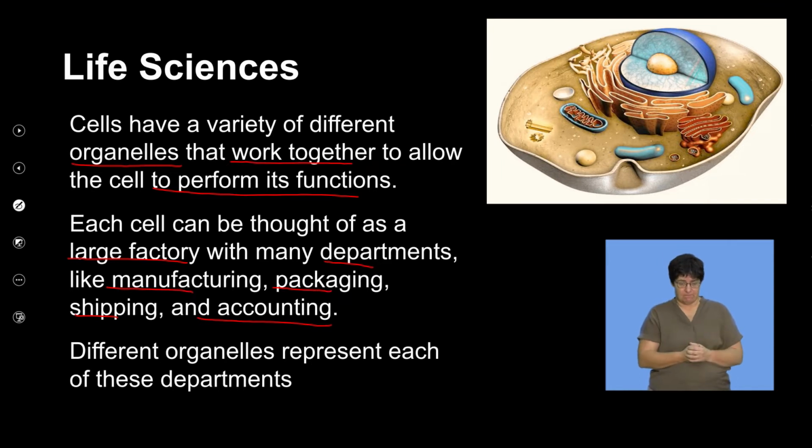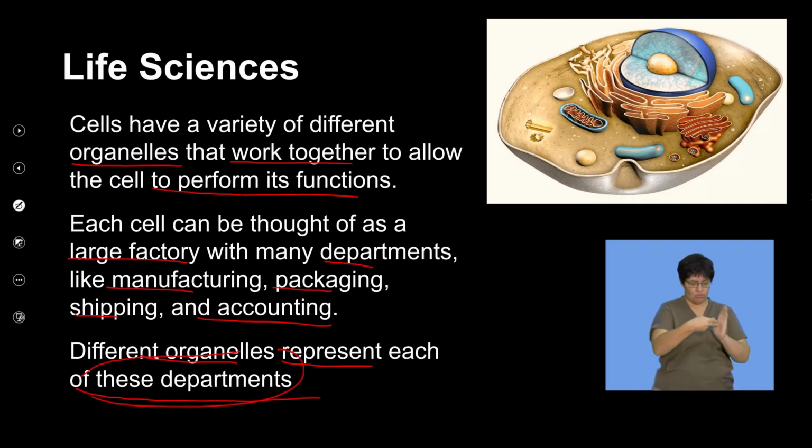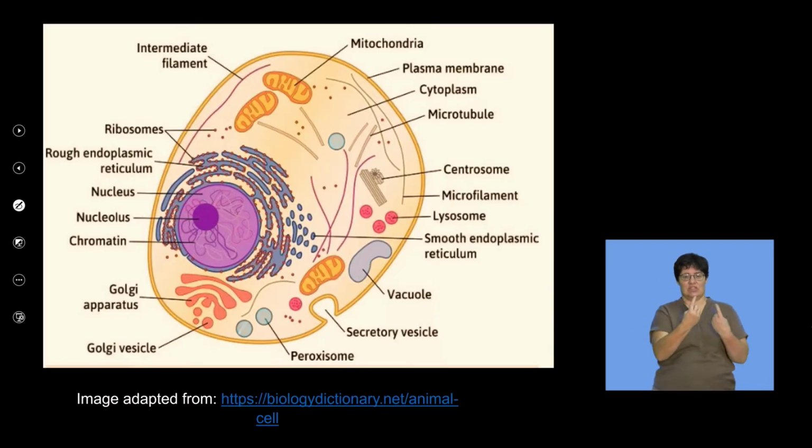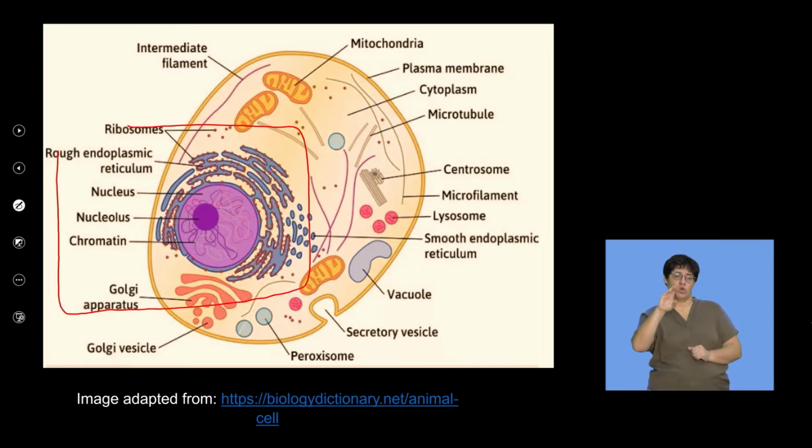And so we say that these different organelles represent these departments, and they play specific roles. So, a more detailed diagram, and what we want to focus on today is just the area where the nucleus is. It's important to go back to grade 10 and to look at the structure of the nucleus.